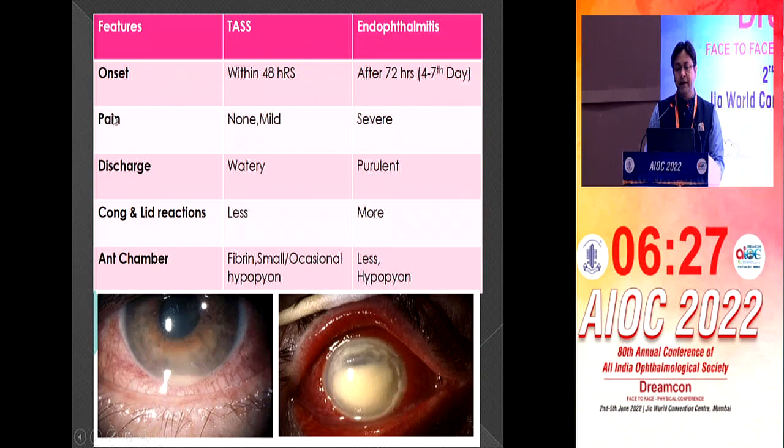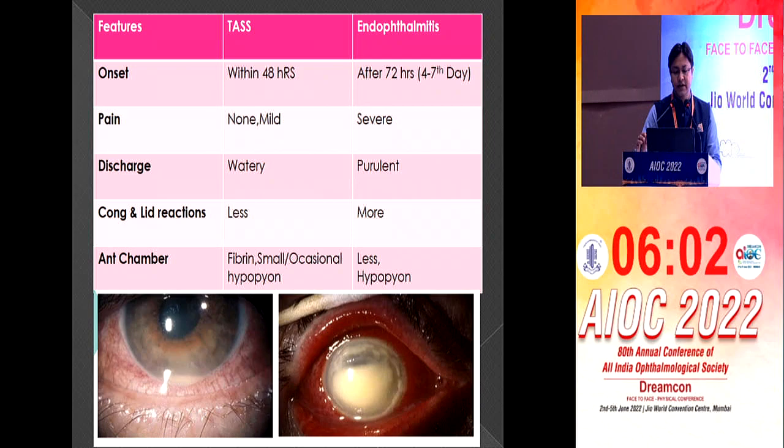Another is pain. In TAS, the patient usually doesn't complain of any pain or has mild diffuse pain, but in endophthalmitis, pain is more. Then you see the discharge, and lid reaction, which is obviously more in endophthalmitis.